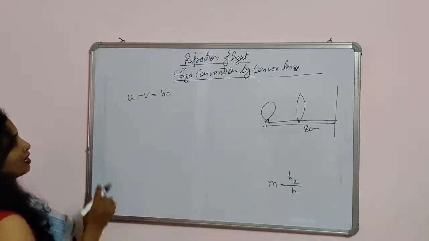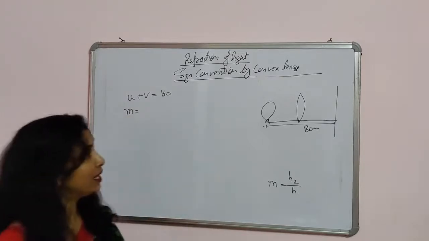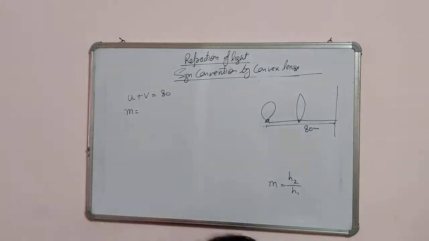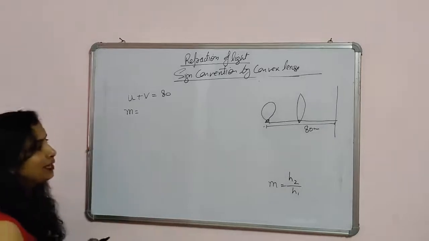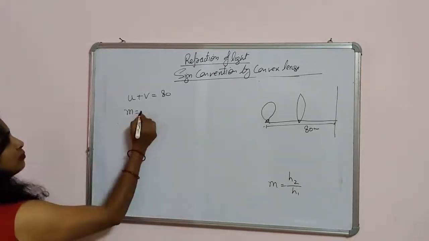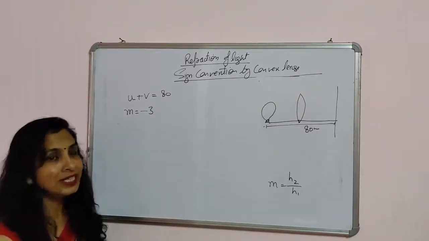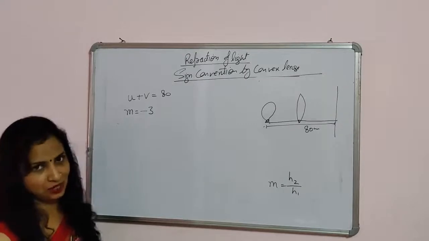And magnification is 3 times. Since the image is real, a real image is always inverted, so magnification will be -3.